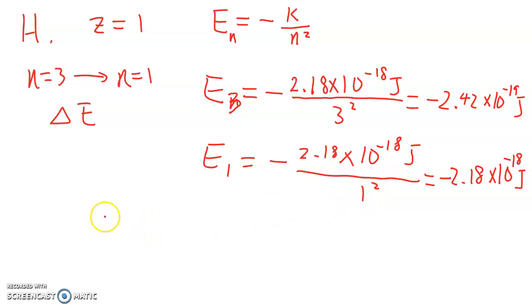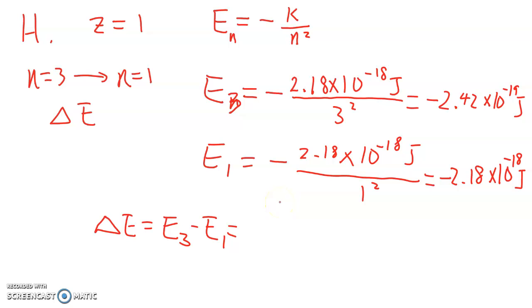Okay, so delta E will be equal to, coming from N equal to 3, the energy when N equal to 3 minus the energy when N equal to 1, and that will be this number over here minus this number. When you enter your calculator, be very careful not to make mistakes.